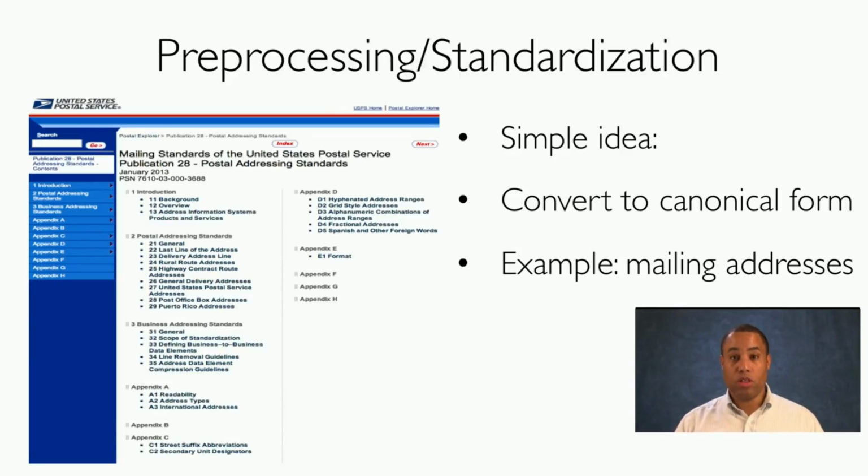Another example is to take your data sets and convert the entries in the data sets into a canonical form. The example here is the U.S. Postal Service provides guidelines for canonicalizing mailing addresses. By converting a mailing address to a canonical form, we can try and determine whether two addresses are actually the same address.